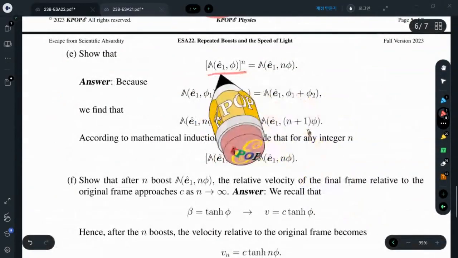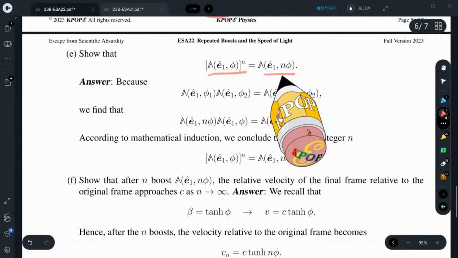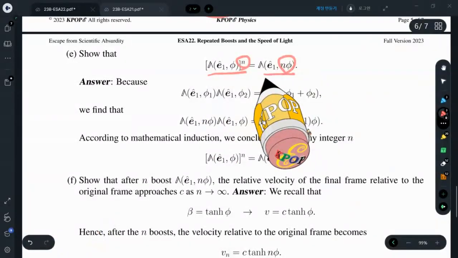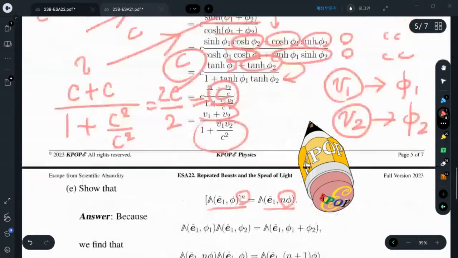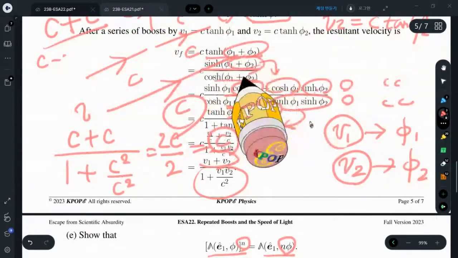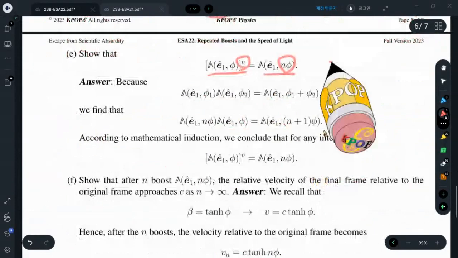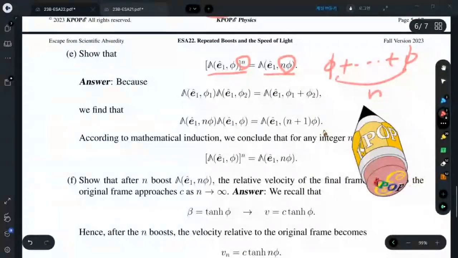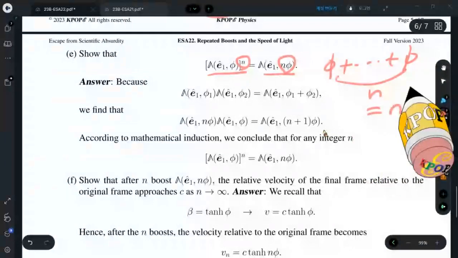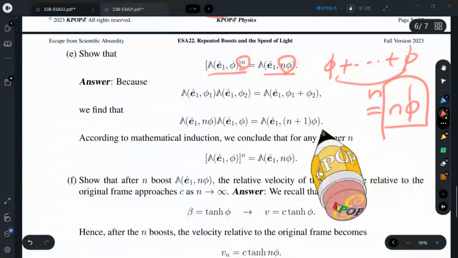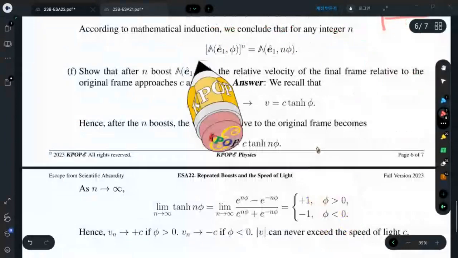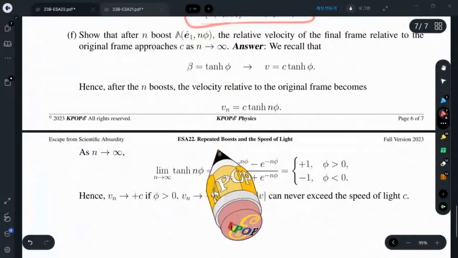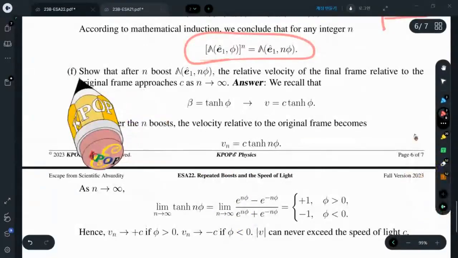Okay, I can repeat this many times. After n boosts, the change in the parameter is a sum, so adding phi n times is just n times phi. Therefore, I can boost repeatedly to infinity.